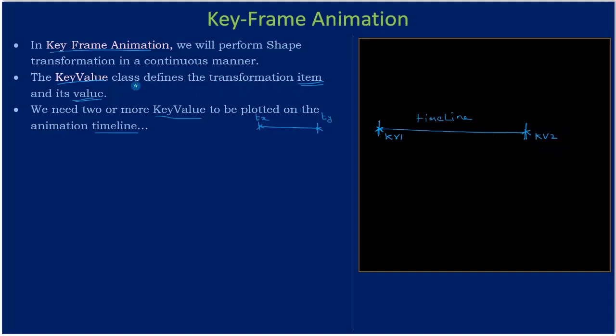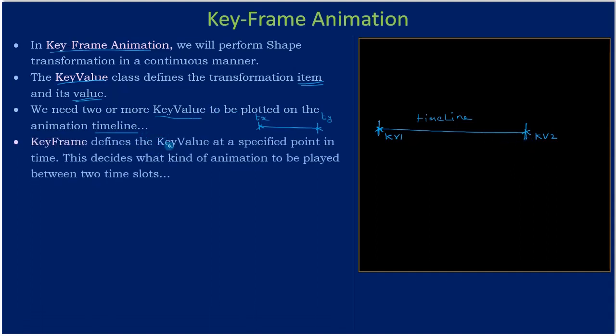So key value class defines transformation item and its value. So transformation item in the sense here we can say for example we can state translate and we will specify a value 1. Then in KV2 we will specify translate and we will specify one more value, say for example translate value 2.